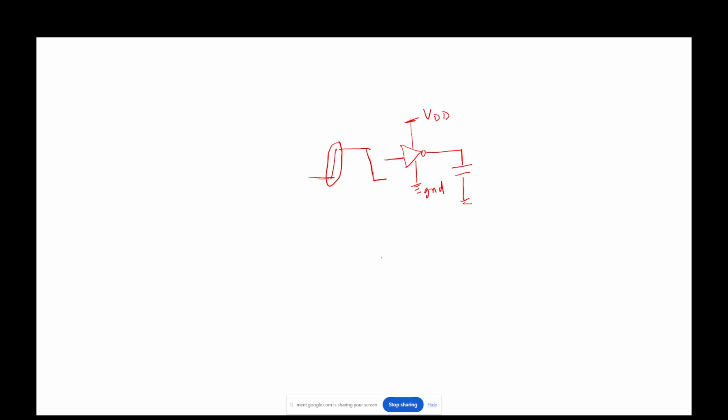So this is the rise slew, the fall slew, and you have a load capacitance CL. So cell rise is basically a rise propagation delay. Since it's an inverter.